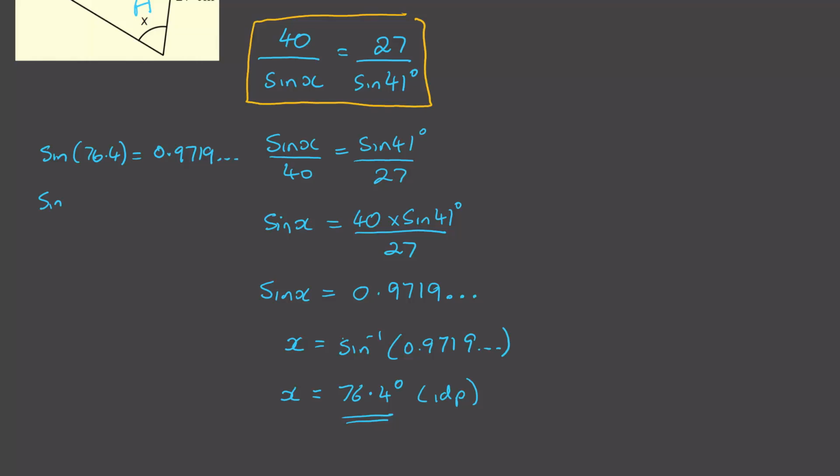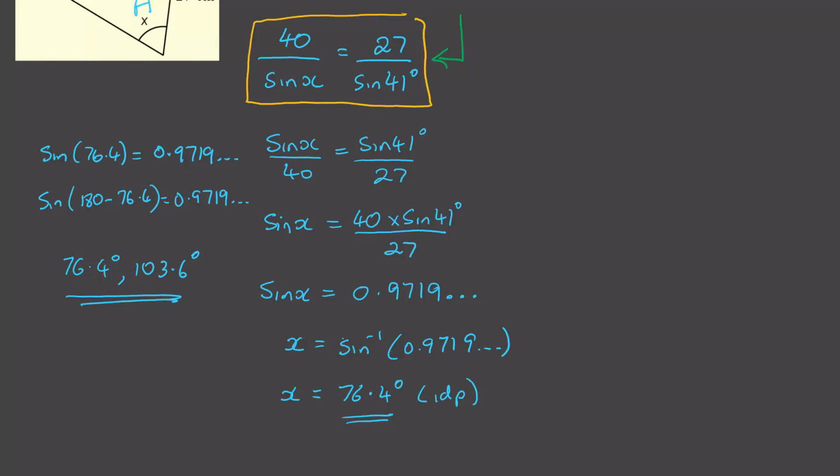So the sine of 180 take away 76.4 is the same as the sine of 76.4, which means that both 76.4 degrees and 103.6 degrees, both of those are valid solutions to this equation.